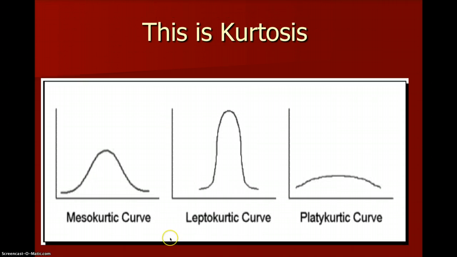Another way in which data gets misused or misrepresented is how it's distributed. So for example, we can still have a nice bell-shaped curve. This is called a mesokurtic curve. You don't have to know what these terms are. This is just about looking at data.